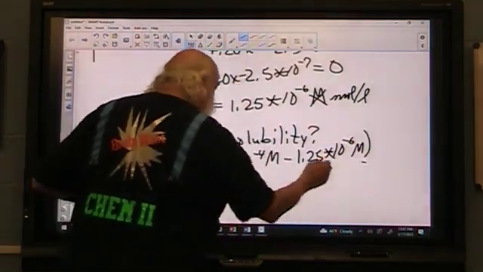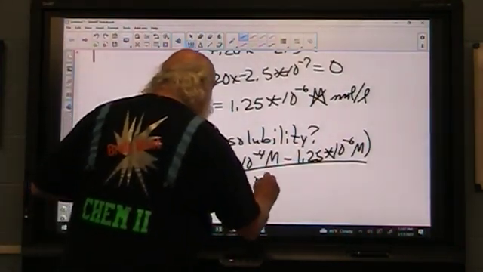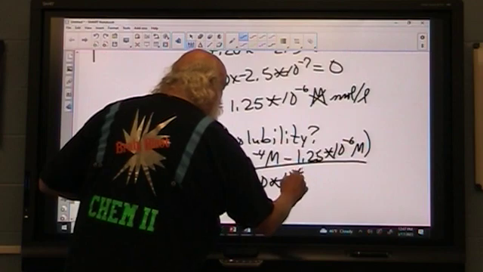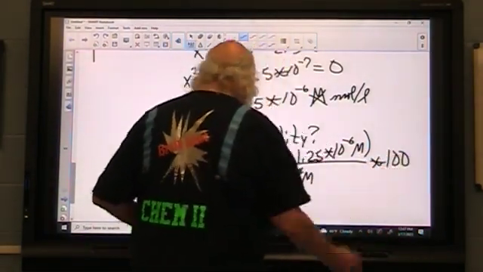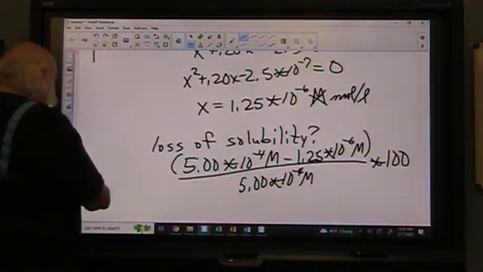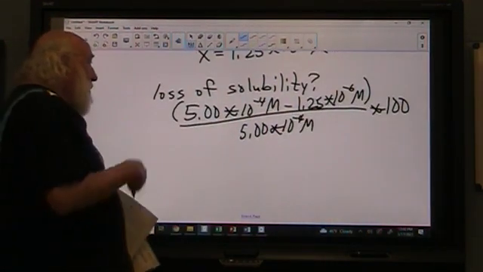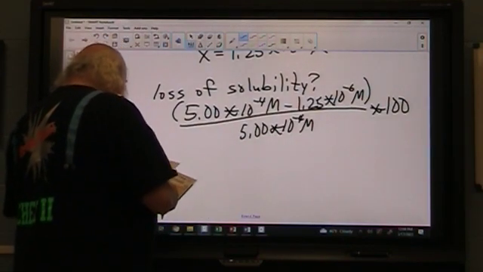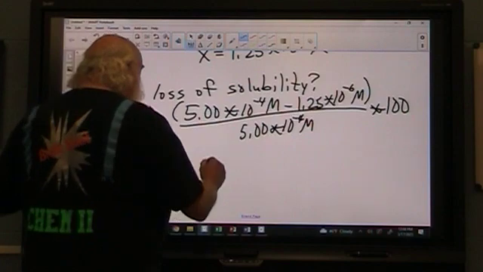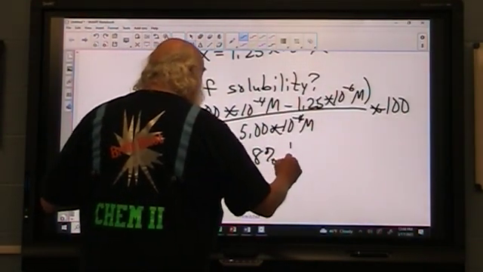That whole thing, we compare to the original one, which was 5.00 times 10 to the negative 4th moles per liter. And we want a percentage out of that, so we'll just multiply that by 100. Now this is the loss of solubility. How much did we lose in solubility? And if you calculate that out, you get 99.8% loss.